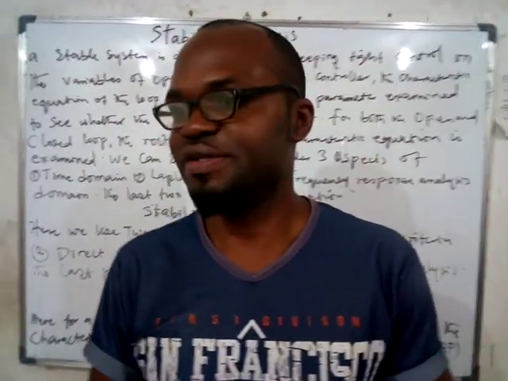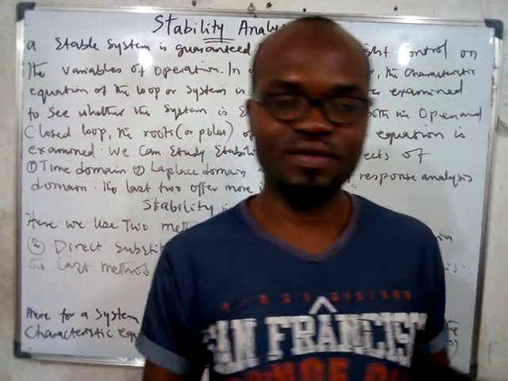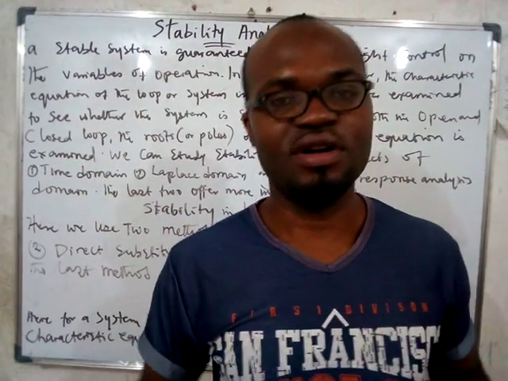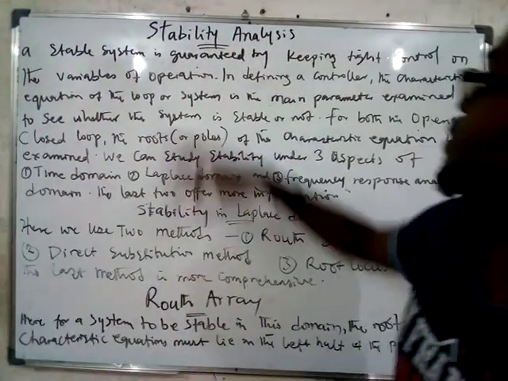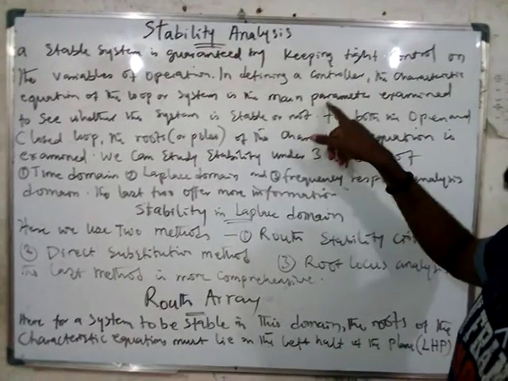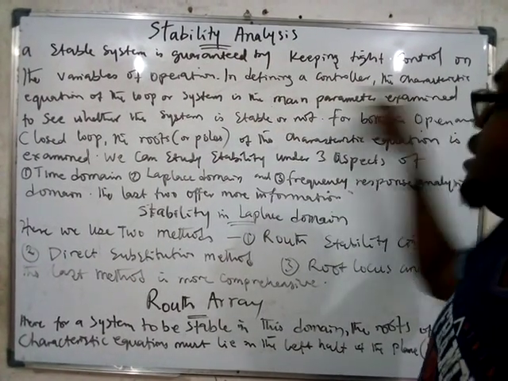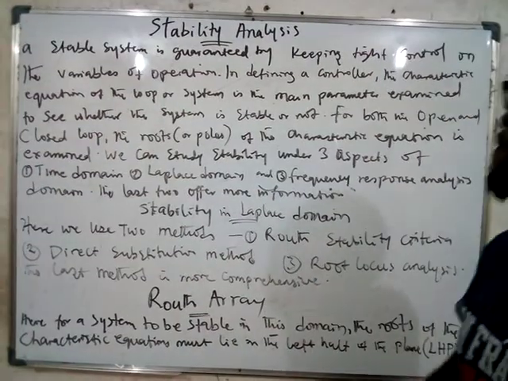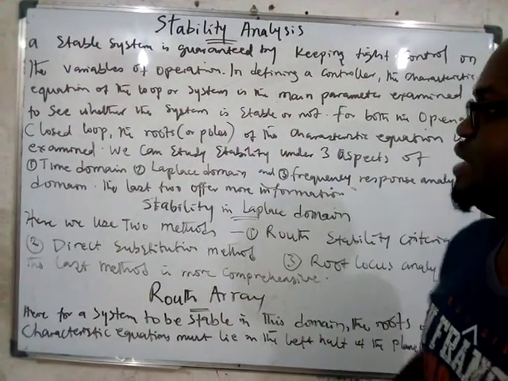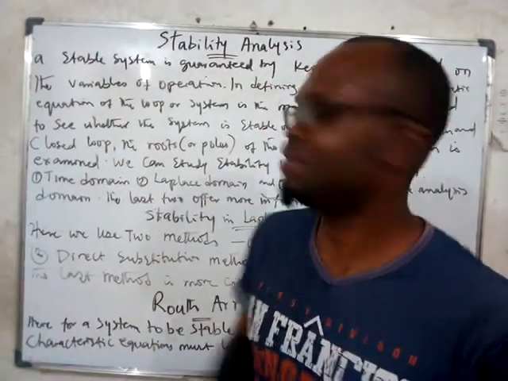So when you get this, you can form it in the form of the objective function or characteristic equation. Whenever you want to do stability analysis, you have to check the characteristic equation of the loop or system. That is what you examine in order to check whether a system is stable or not.